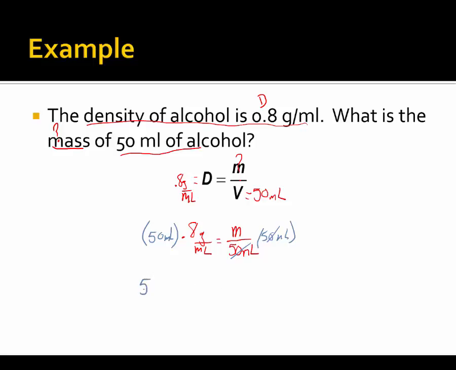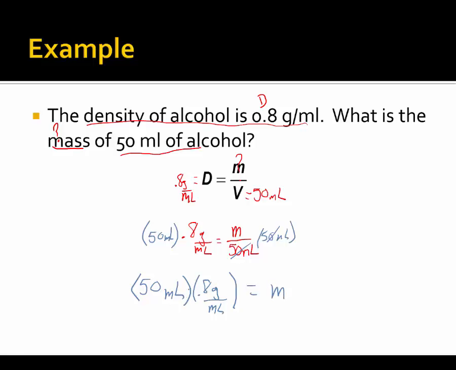And now we're left with 50 milliliters times 0.8 grams per milliliter. Notice how I'm writing it, kind of visual. And that's equal to mass.